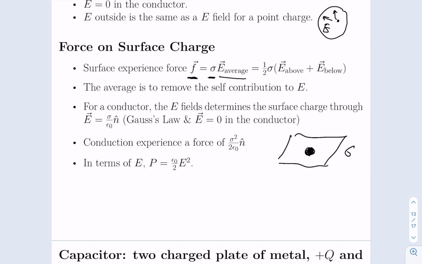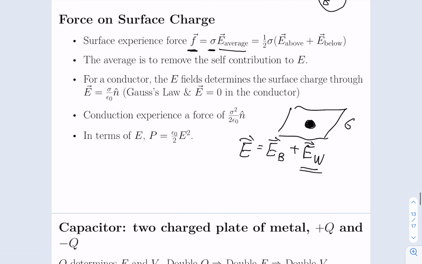So when we are calculating the force, we need to exclude the contribution from this one, so the electric field might be the electric field of the black region plus the electric field of the white region. What we want to include is E average, the E of the white region, and we already know what the E of the black should be, because that's the E field due to this small tiny patch, and we can use Gauss' law to calculate the electric field.